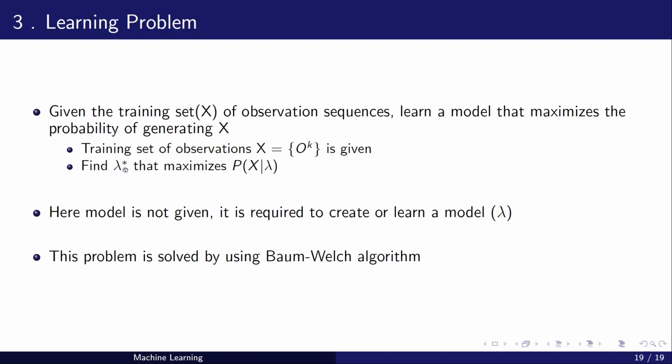You would like to find the lambda which maximizes the probability of x given lambda. That is, a set of observation sequences is given, and you would like to find lambda, that is aij, bjk and pi, which maximizes this probability. Here the model is not given; you are required to create or learn this model out of this training set of examples. This problem is solved by using the Baum-Welch algorithm.